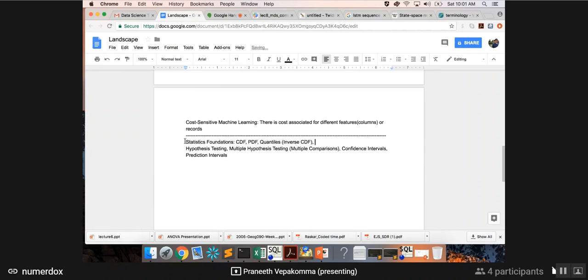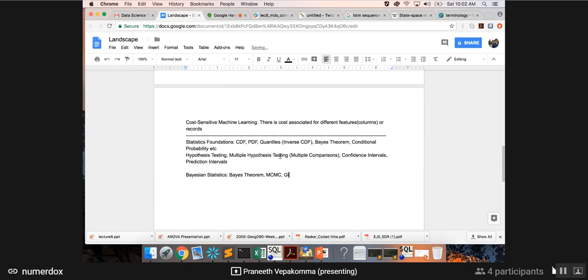Then you have Bayes theorem, conditional probability. Then there is again within Bayesian statistics, you again have Bayes theorem, MCMC. These are more complicated stuff. Markov chain, Monte Carlo, example.